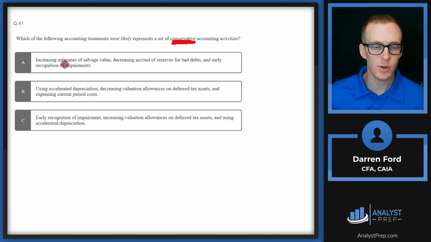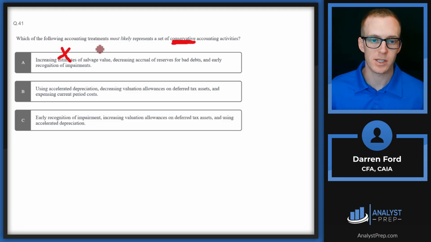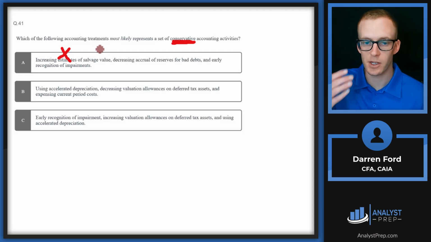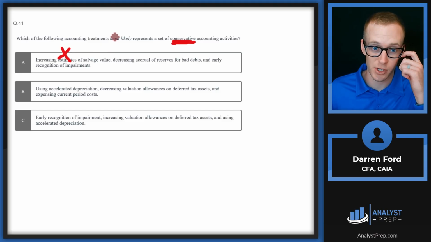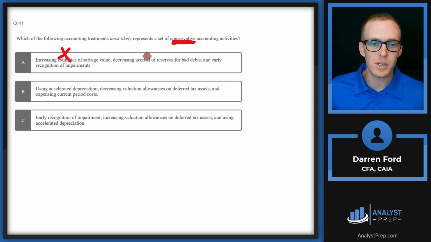So we've got A, increasing estimates of salvage value. This is going to be not as conservative. If we think we're going to sell something for more in the future, that's going to change our depreciation calculation and what we're going to hold it for on the balance sheet as well. Decreasing accrual of reserves for bad debts.